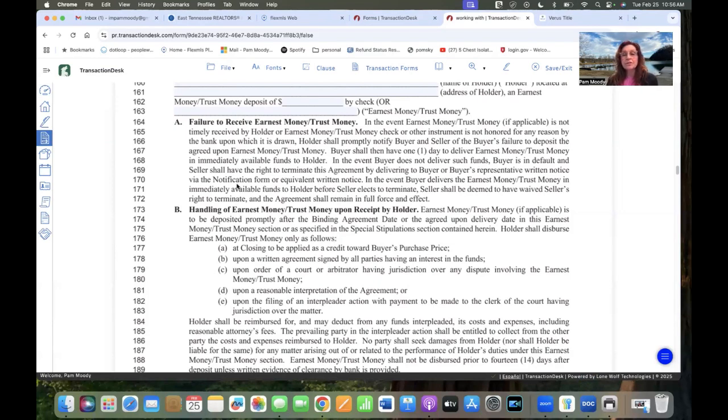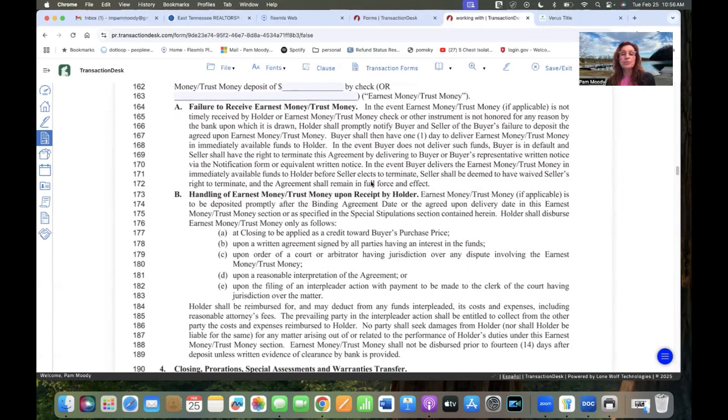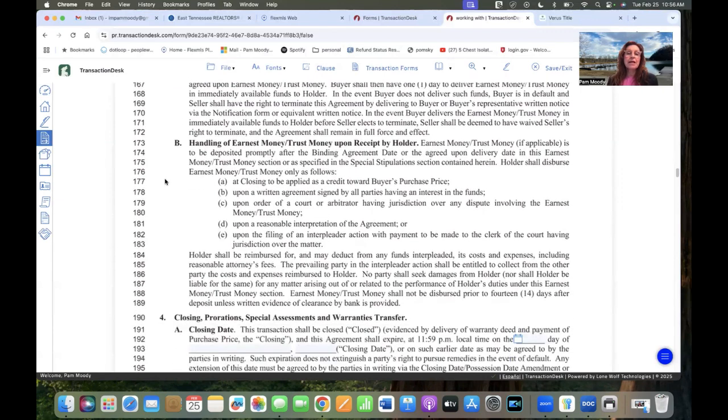In the event buyer does not deliver such funds, buyer is in default and seller shall have the right to terminate this agreement by delivering to buyer or buyer's representative written notice via the notification form or equivalent written notice. In the event buyer delivers the earnest trust money and immediate available funds to holder before seller elects to terminate, seller shall be deemed to have waived seller's right to terminate, and the agreement shall remain in full force.